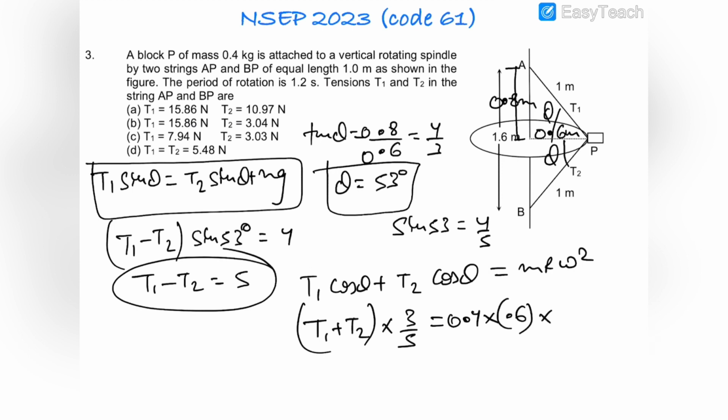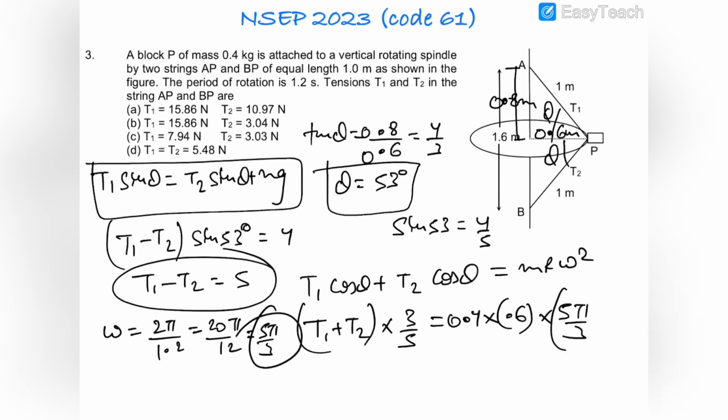Now omega will be equal to 2 pi by T. T is 1.2, so this is 20 pi by 12. So it is 10 pi by 6, or we can say that it is 5 pi by 3. So this is T1 plus T2. If you solve these equations, then the correct answer will be C.